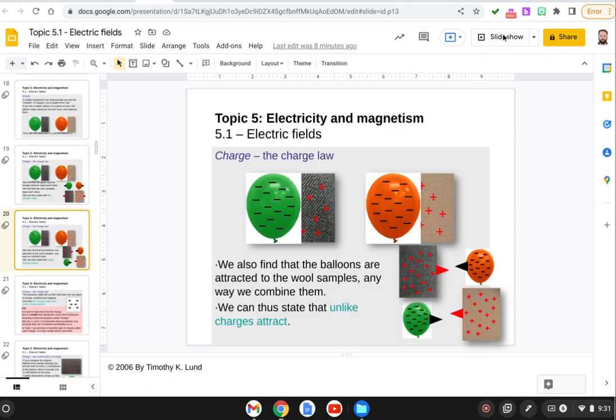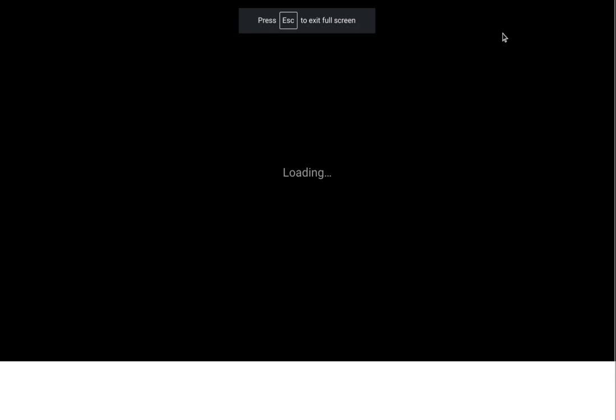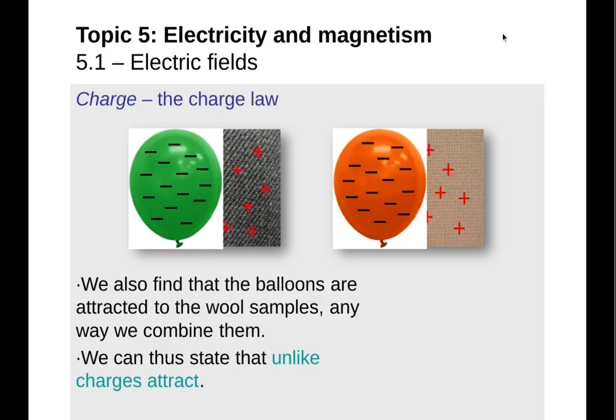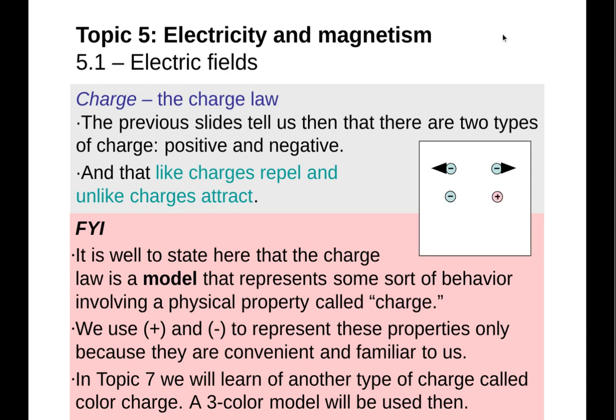Yesterday we discussed about the charges, how charge is produced. Now we go ahead. This we already discussed yesterday. Okay, so this is the charge law. As I told you, you can see negative negative, they repel each other, and positive negative will attract each other. This is called charge law. Positive positive also repel.